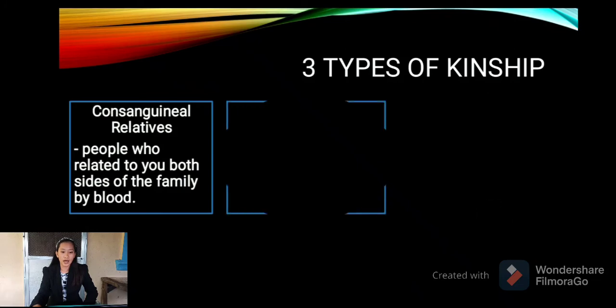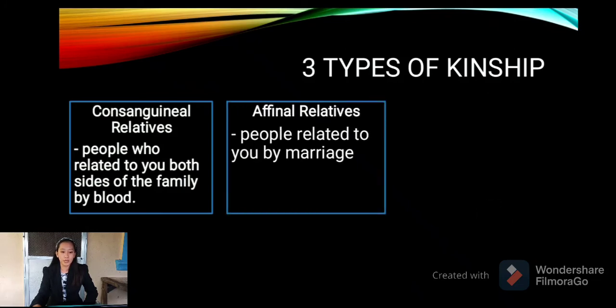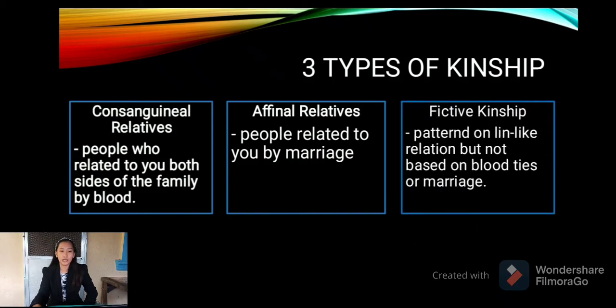And next, the affinal relatives, people related to you by marriage. And the third one is fictive kinship. It's a pattern of link-like relationship but not based on blood ties or marriage.